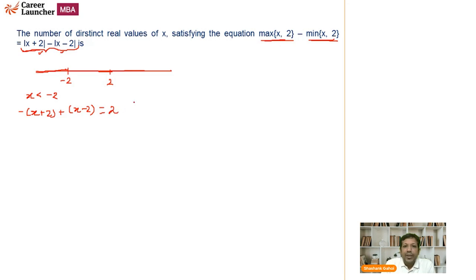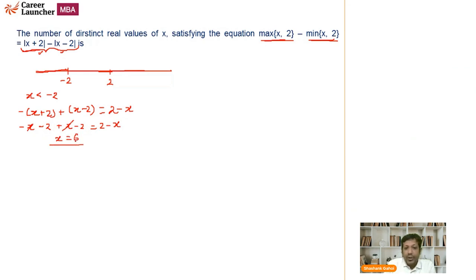Definitely 2. If x is less than minus 2 and this is 2, which value is smaller? Definitely x. So 2 minus x. Okay. So this comes out to be x minus 2 plus x minus 2, and that is equal to 2 minus x. Fair enough. x cancels out. So from here, I can say that x is equal to 6.